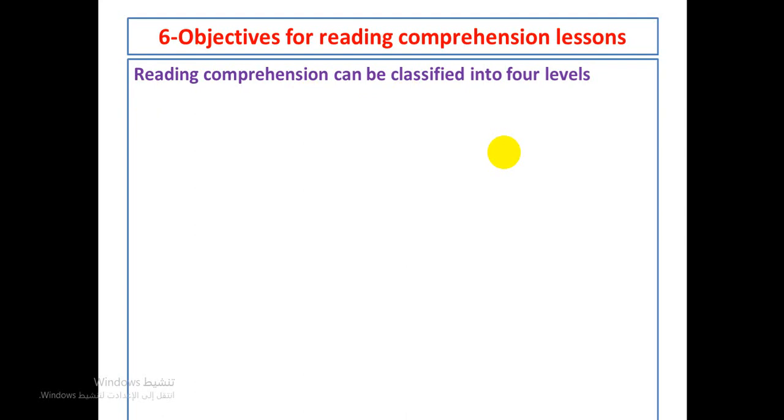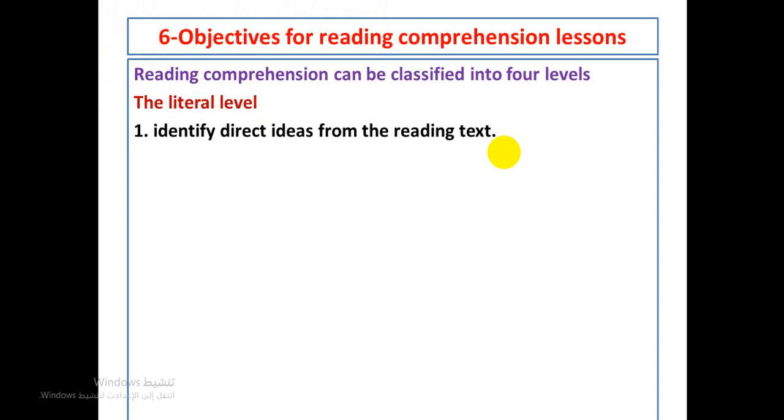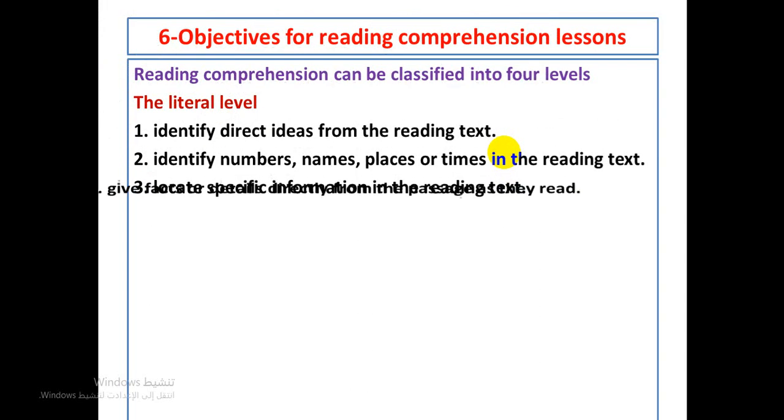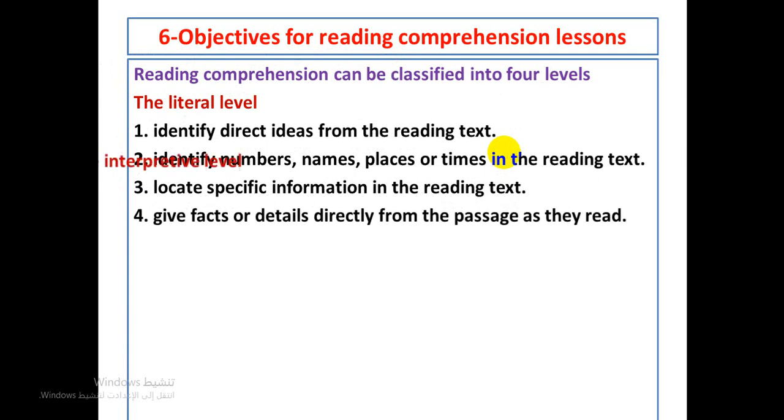Let's see some objectives for each level. In the literal level, for example, identify the direct ideas from the reading text. Identify numbers, names, places, or times in the reading text. Locate specific information in the reading text, etc.